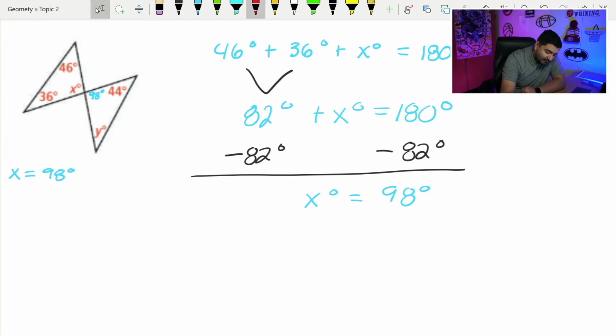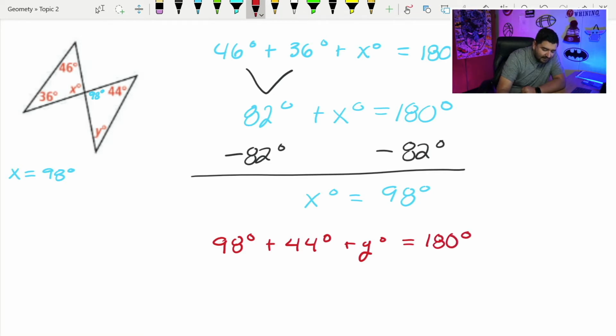So now I write a new equation combining 98 degrees plus 44 degrees plus y should equal 180 degrees. Again, we combine like terms. I can combine the 98 and the 44. 98 plus 44 would be 142 plus y equals 180 degrees.